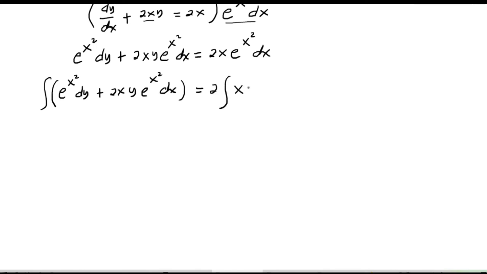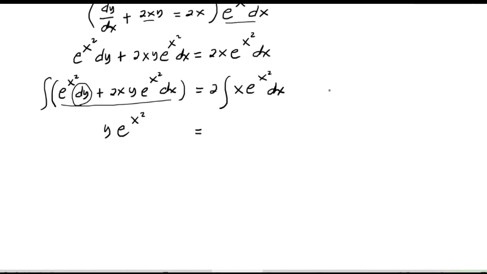Then we have x e to x squared dx. This left side is already an exact, and the answer for this is the integrating factor, which is e raised to x squared, and the integral of dy. This is y.